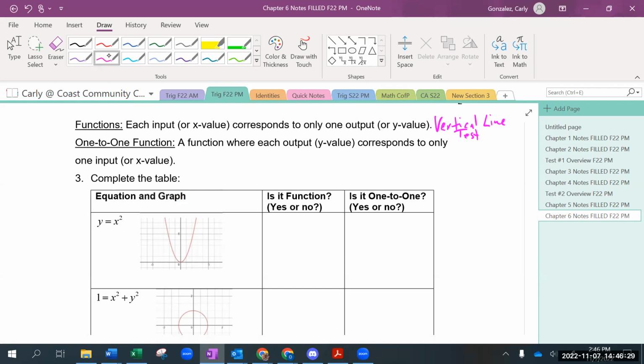So now we will use the horizontal line test, where all horizontal lines must cross our graph at most once. In order to determine if a function is one-to-one, first we need to decide if it is in fact a function, and if it is, then we will use the horizontal line test to see if it is one-to-one.